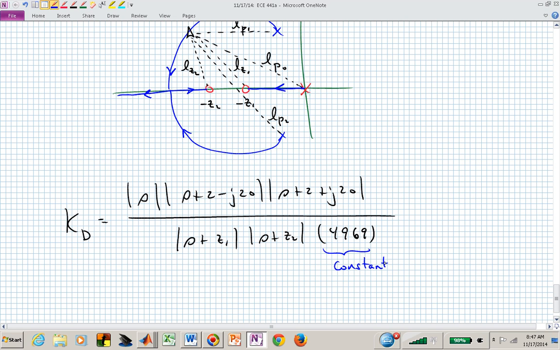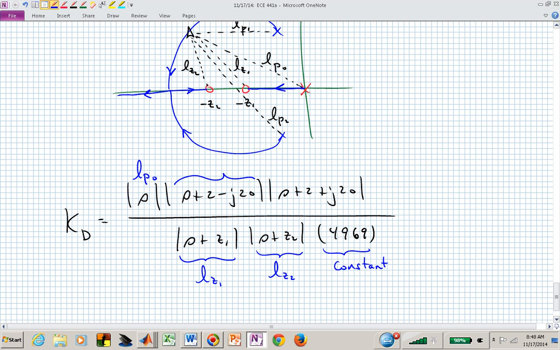That formula is just setting the magnitude of our controller and plant equal to 1 and solving for k sub d. Where this magnitude here was LP0, this is LZ1, this length is LZ2, and what's this first length? s plus 2 minus j20.